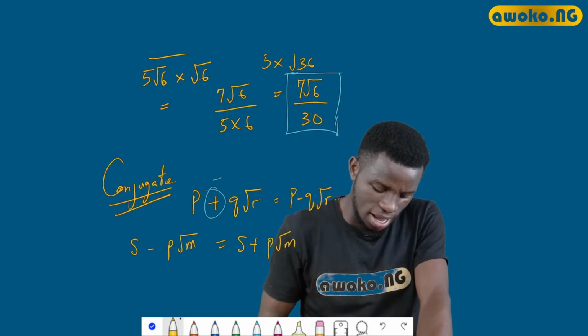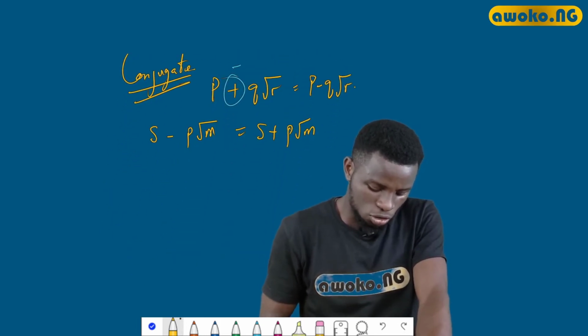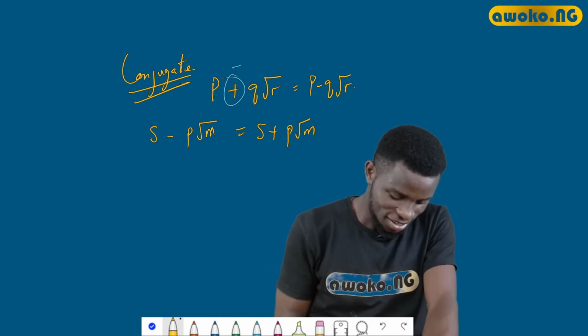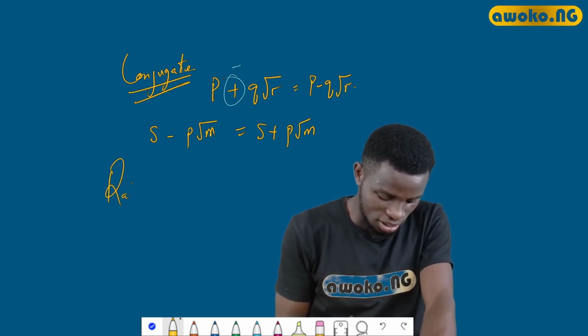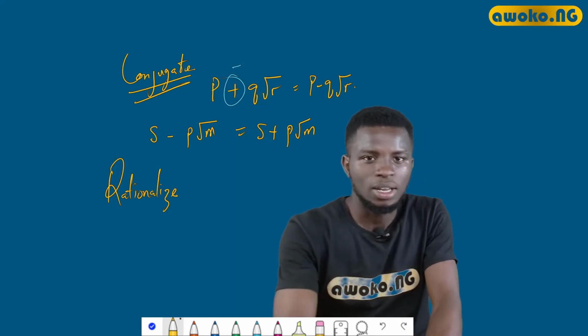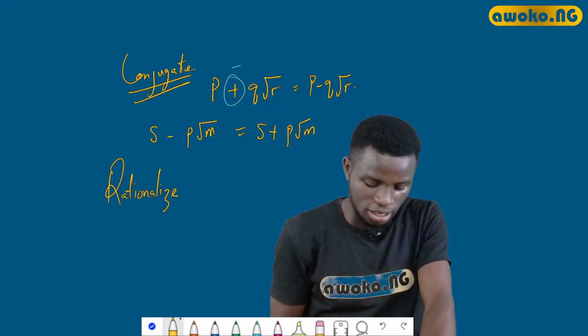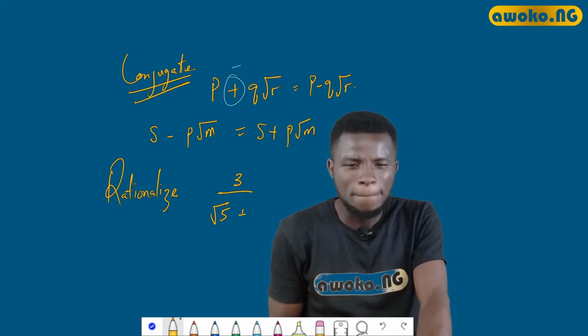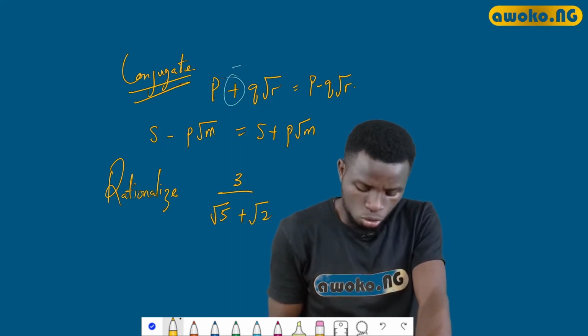So let us take an example to illustrate how to rationalize. Okay, so the next question is: rationalize this expression, 3 over root 5 plus root 2.